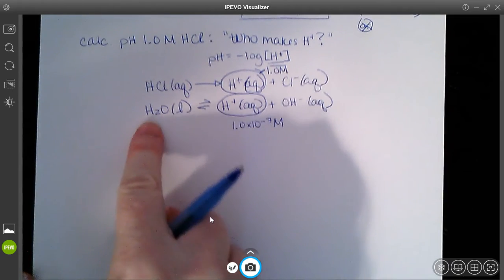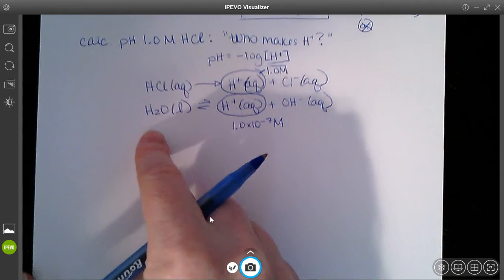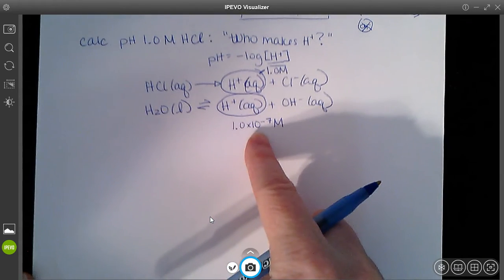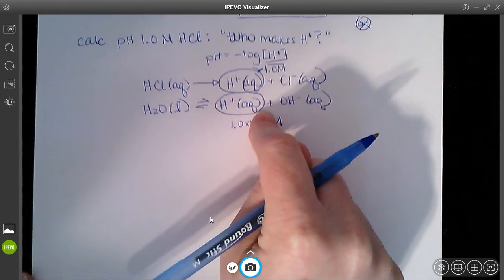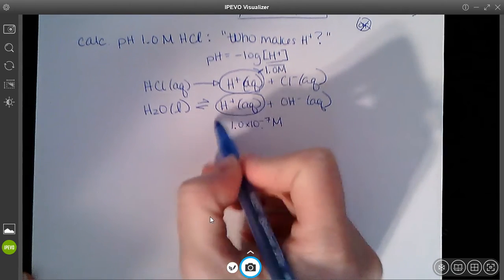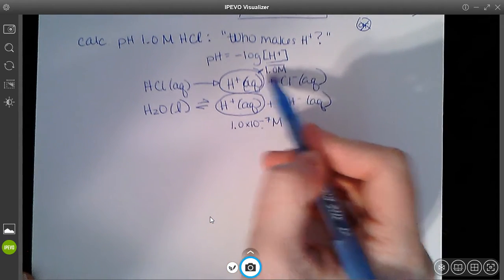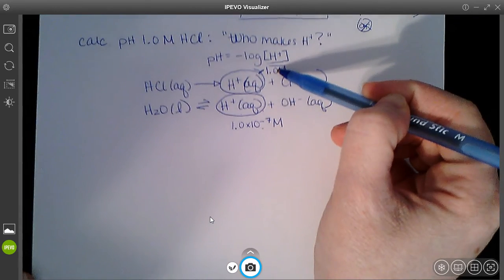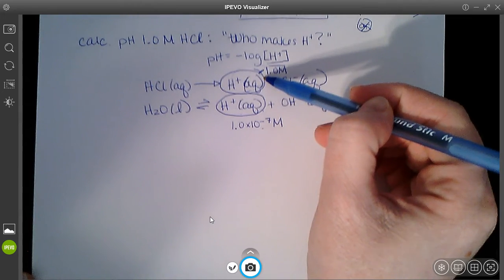Remember, this is 1.0 times 10 to the negative 14, and that's the Kw. So this is going to be the square root of that, so 1.0 times 10 to the negative 7. So if I compare these two, since this is 10 to the negative 7, this is a really small amount of H plus compared to this large amount of H plus of being 1 molar. So relatively, this is way more H plus. So this is going to be the dominant source of H plus.